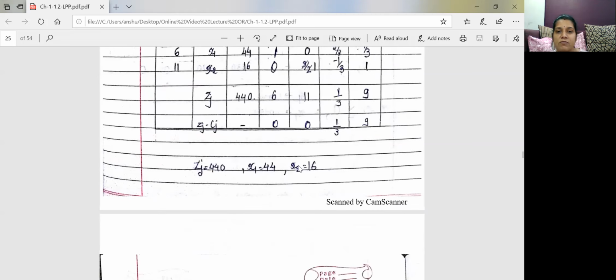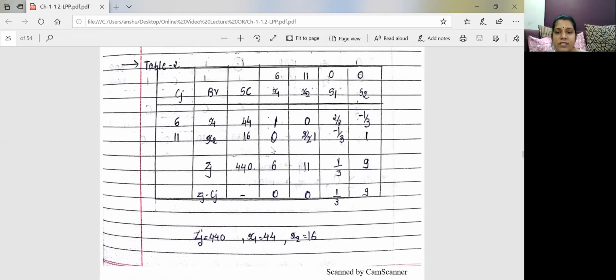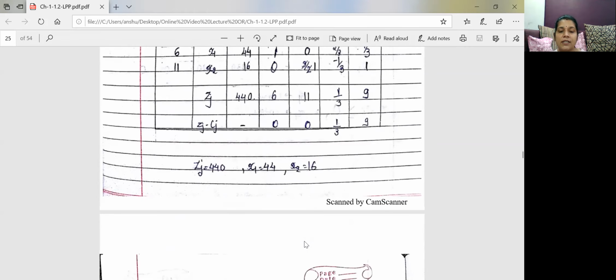So X1 is 44 and X2 is 16. Then Z is equal to 440. Put all these values in your objective function, then we get Z equal to 440. So this is our final answer: maximized Z is equal to 440.